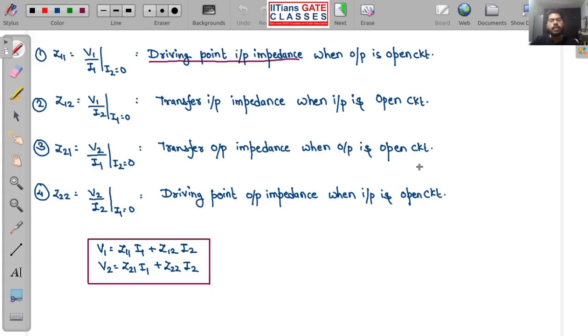Remember, whenever it is driving point, the numbers will be of the same port, and whenever it is transfer, the port numbers will be different. Whenever it is said input is open circuit, it means I1 is equal to 0. When output is open circuit, it means I2 is equal to 0.